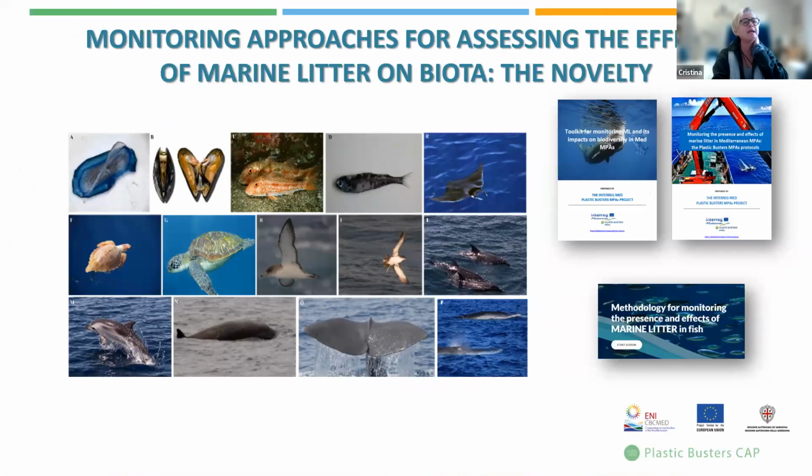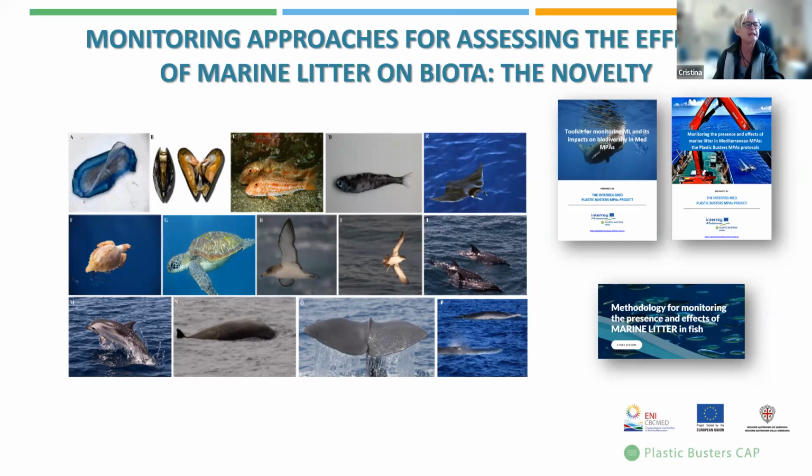But coming to exactly what we are discussing today, and that is reported in the document that we shared with you, is to try to understand what the most correct and innovative approach can be to monitor and assess the effect of marine litter on biodiversity. So what is the novelty that we intend to present today and transfer to you?